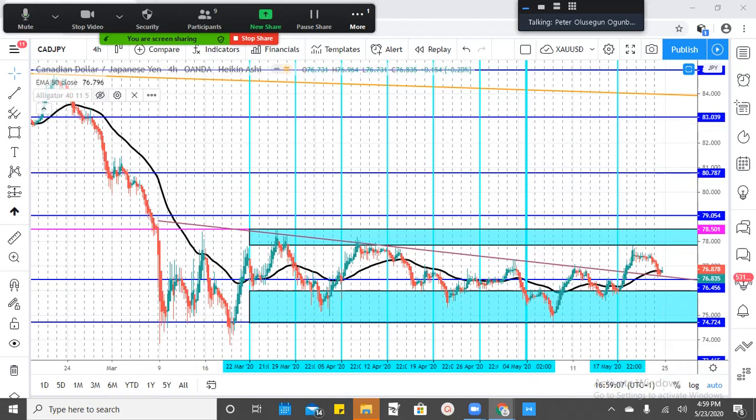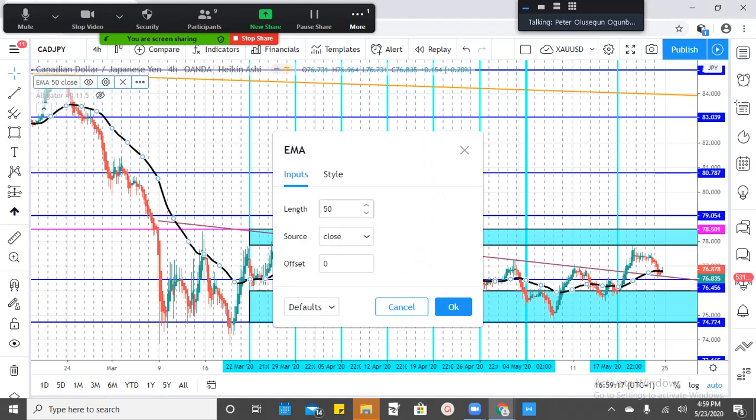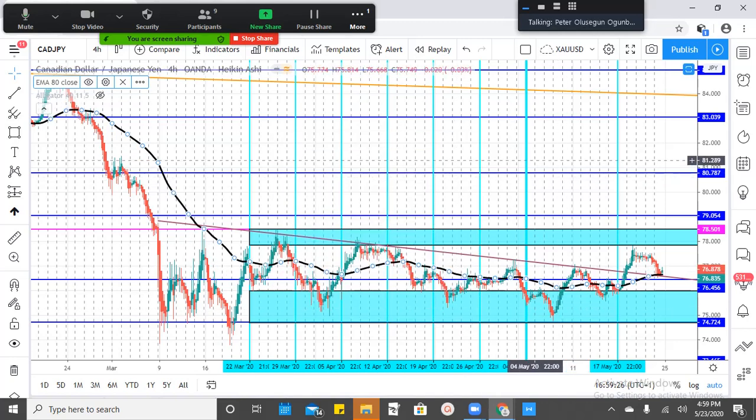So let's see if EMA 80 is going to do the same thing here. It might not. Let's look at EMA 80. For some, it's EMA 80 that works best, so you have to know which. Now, if you look at EMA 80 here, which one is better?